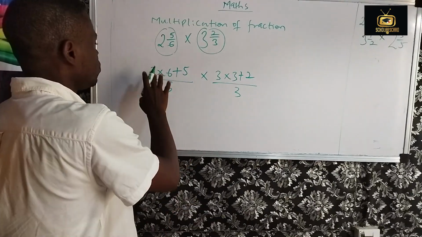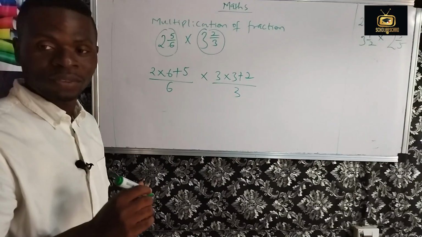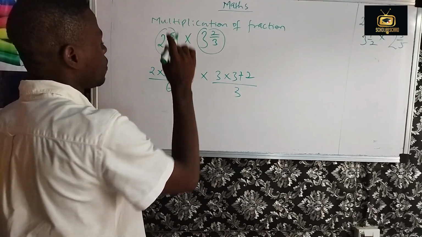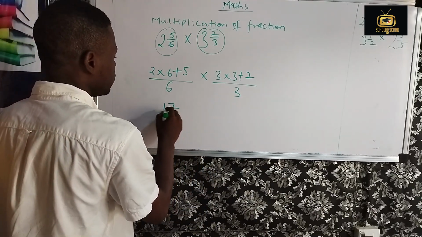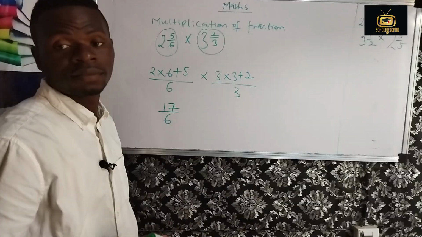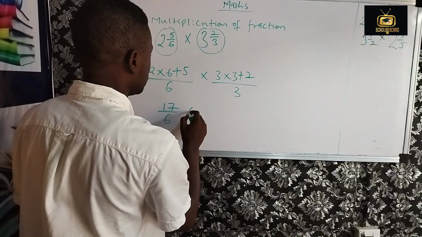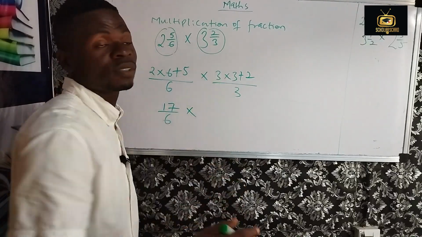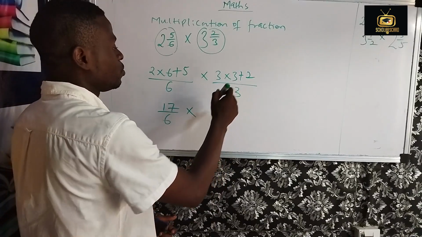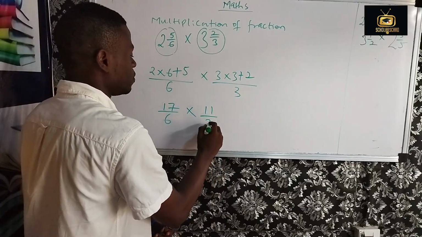Now, 2 times 6 will give us 12, plus 5 will give us 17/6. 3 times 3 will give us 9, plus 2 will give us 11/3.